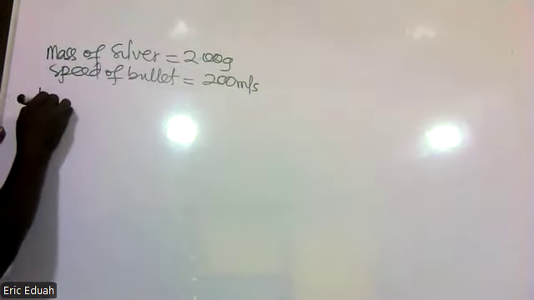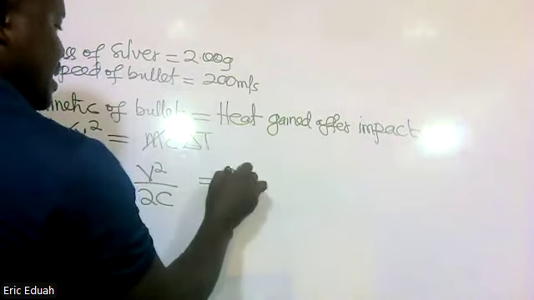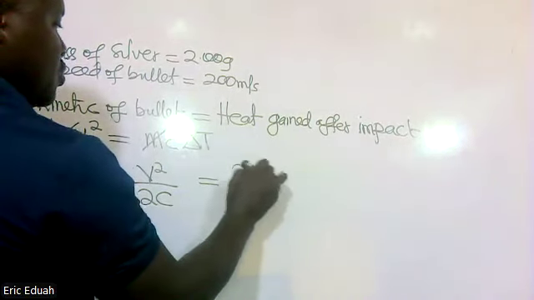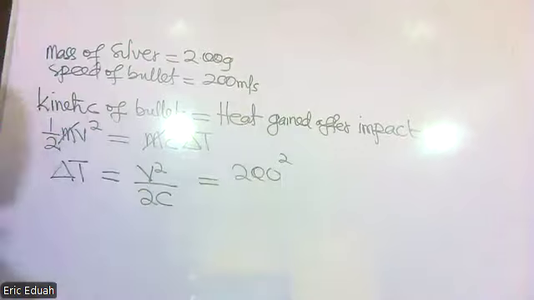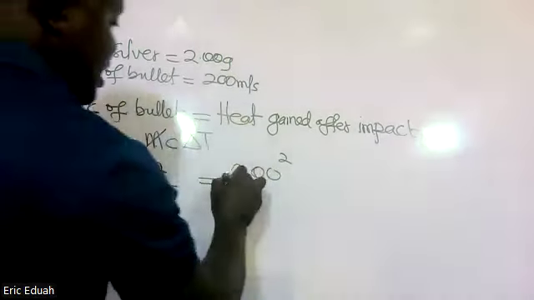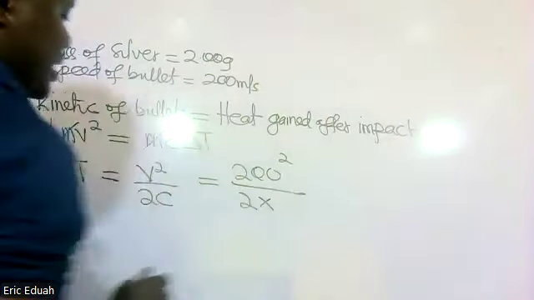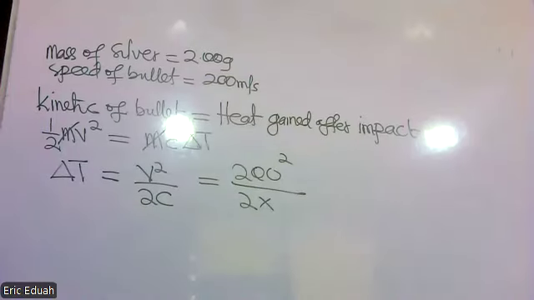Delta t therefore would be equal to v squared over 2c. When we make delta t the subject, we must divide through by c. So the speed is 200 meters per second squared divided by 2 times the specific heat capacity.